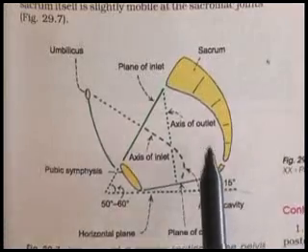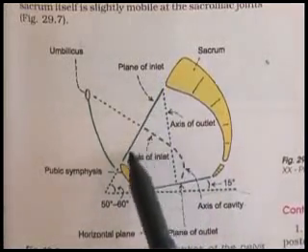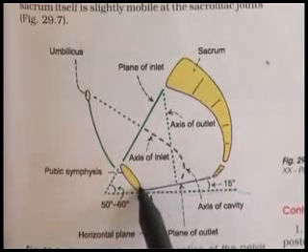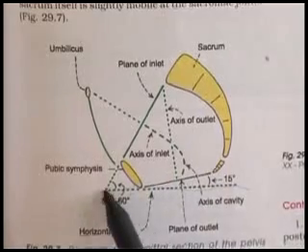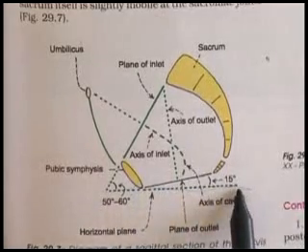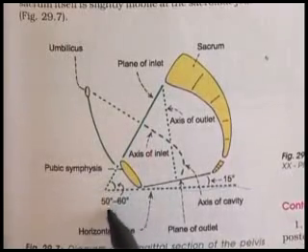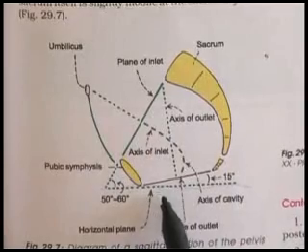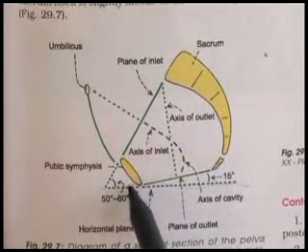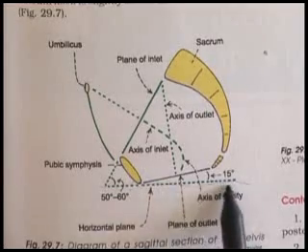This figure shows the plane of inlet, the plane of outlet and the horizontal plane. The plane of inlet makes an angle of 50 to 60 degrees with the horizontal plane, and the plane of outlet makes an angle of about 15 degrees with the horizontal plane.